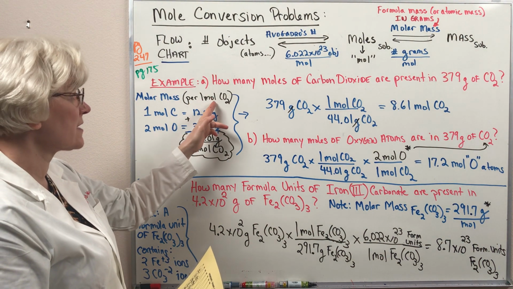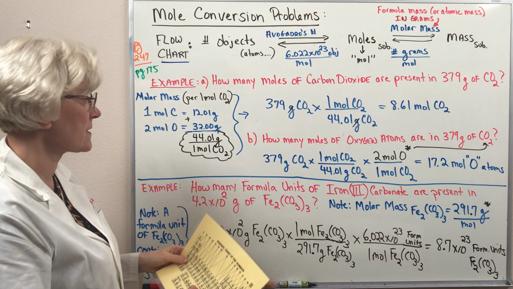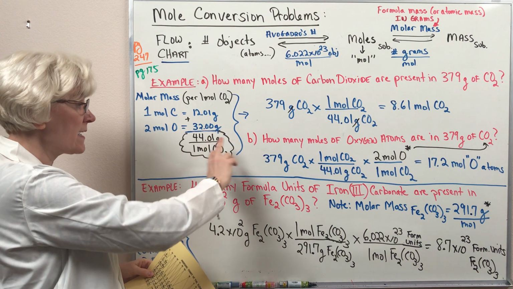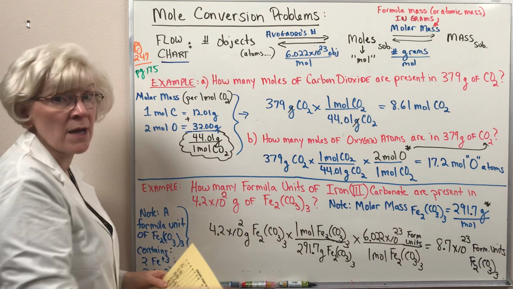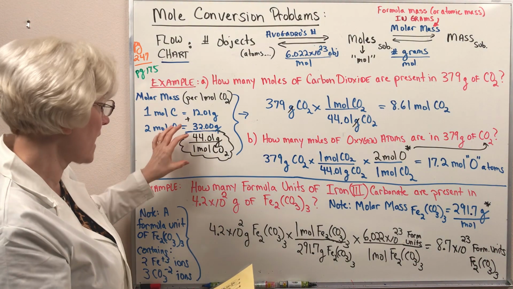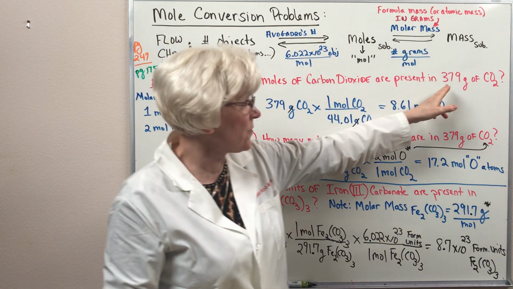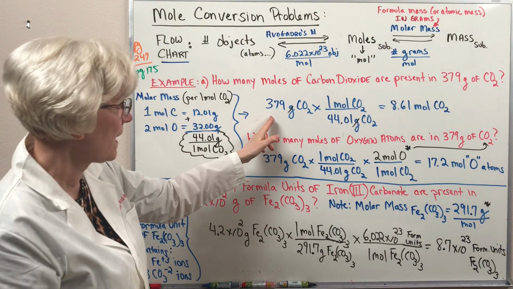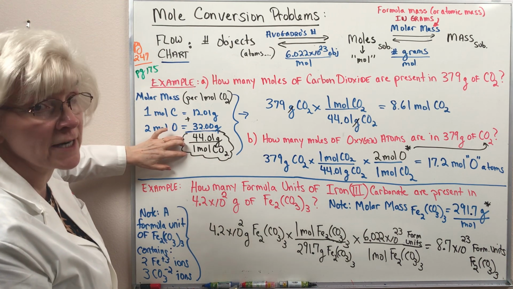Note molar masses are always written per 1 mole of a substance. Now that I have this molar mass, I see that it is the relationship between the mass of a substance and the number of moles of that substance, and I can use it as a conversion factor. So I'm going to take the 379 grams of carbon dioxide, and I'm going to use this molar mass as a conversion factor.